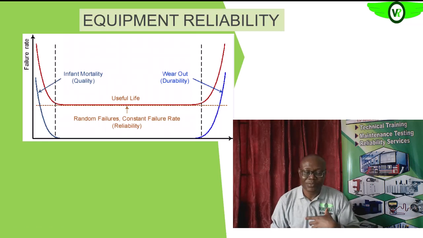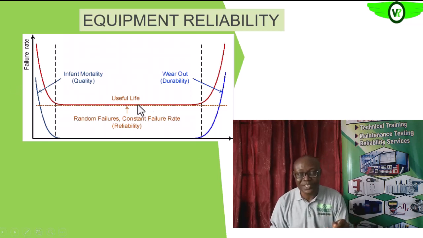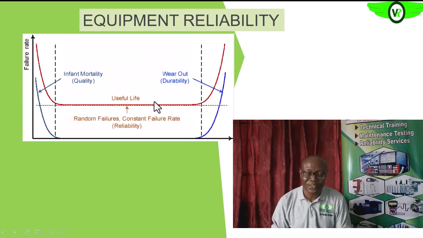So an integrated reliability program will help us to see, even in this phase of the equipment life, when the equipment is about to fail. There are technologies that will help us to actually look at it.